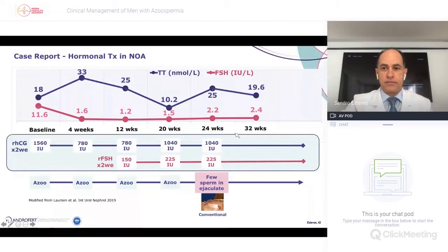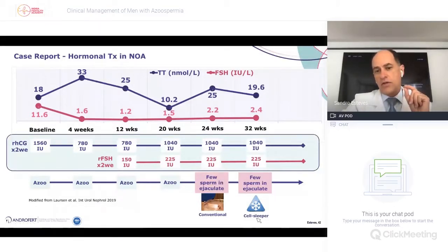So we continued the stimulation and changed the freezing method to the cell sleeper method, which is a vitrification method that allows cryopreservation of very few sperm. So in this case, we started doing the cell sleeper, kept the patient on stimulation, and then used the frozen-thawed sperm for ICSI.